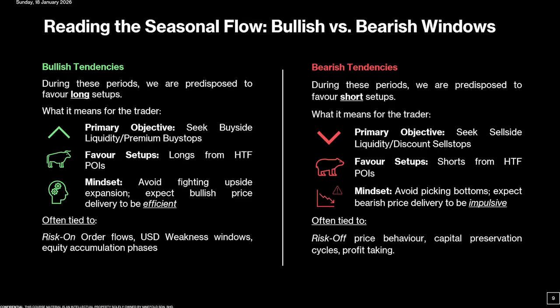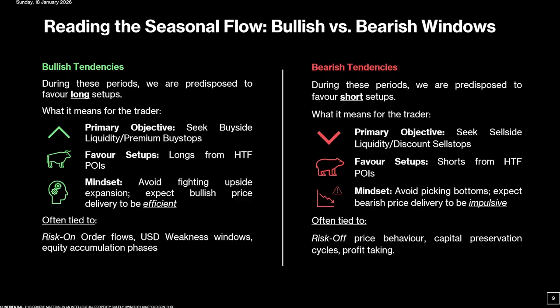All of the price delivery that gives us upside expansions tends to be very fluid. They tend to be very fast and energetic, very efficient. Think low resistance liquidity run to the upside. Very easy, very fluid, very simple. And one of the biggest mistakes that you could make during a bullish seasonal tendency is trying to fight it.